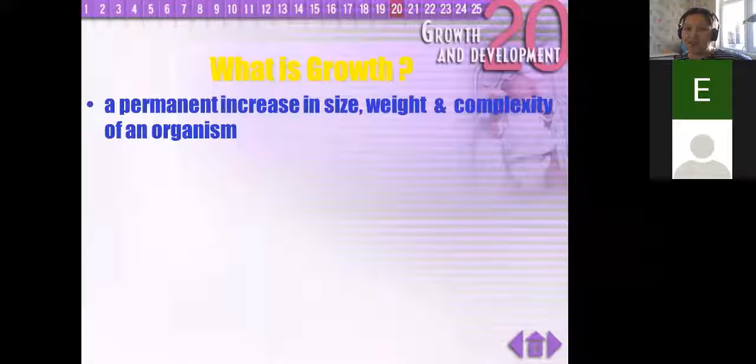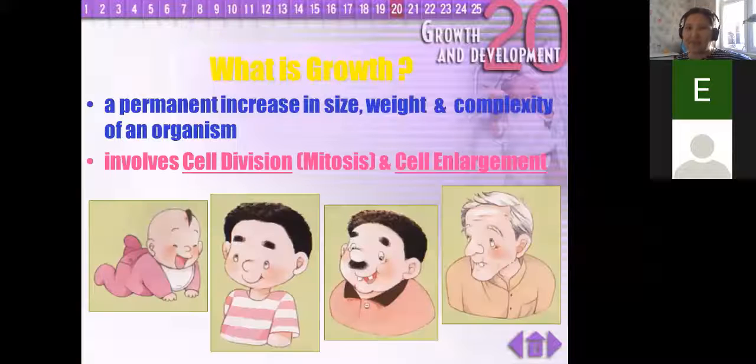So what is growth? Growth is the permanent increase in size, weight, and complexity of an organism. It involves cell division, mitosis and meiosis, if you remember, the cell division and cell enlargement.